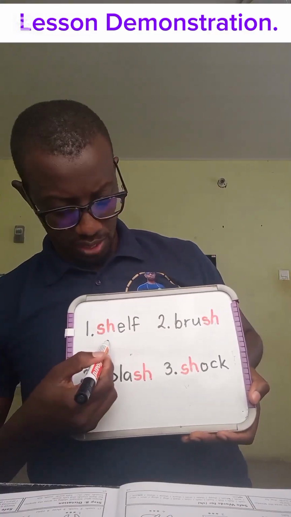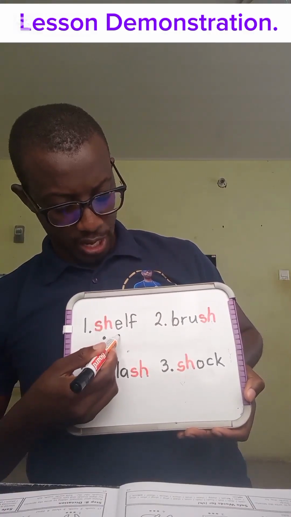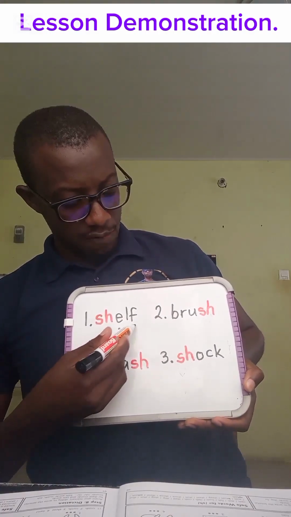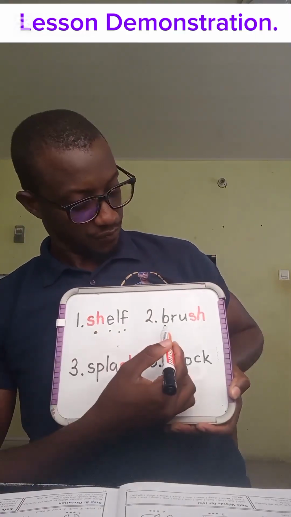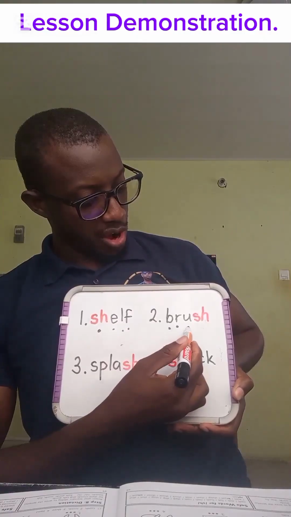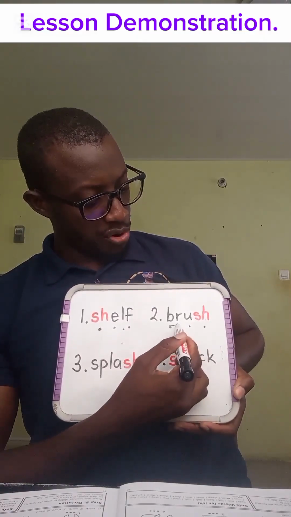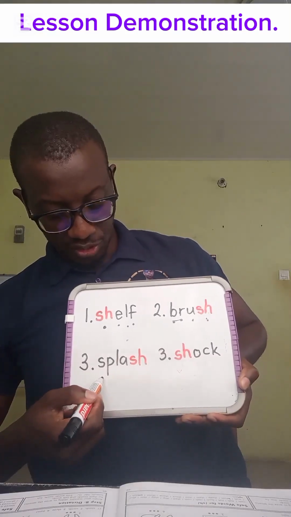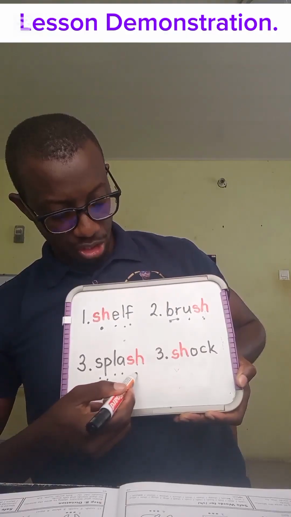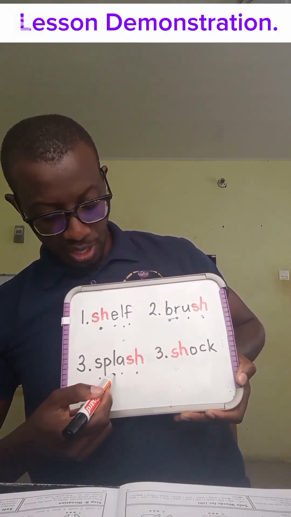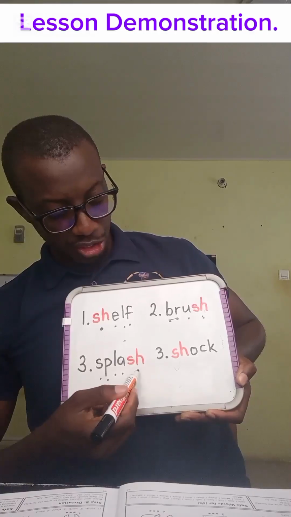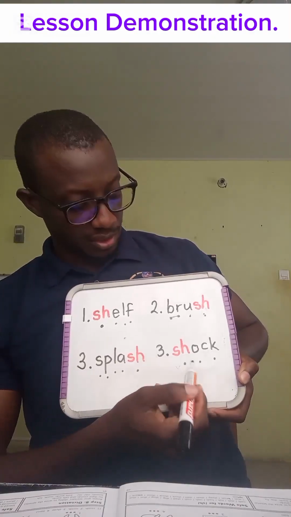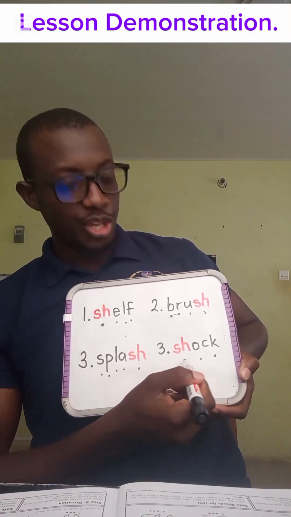The first word has the sounds sh, e, l, f: shelf. b, r, a, sh: brush. sp, l, a, sh: splash. sh, a, k: shock.